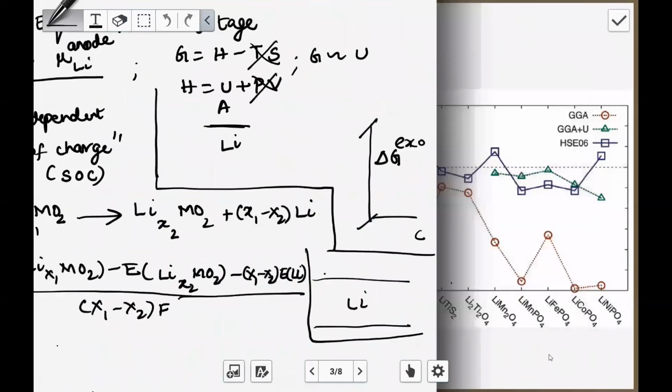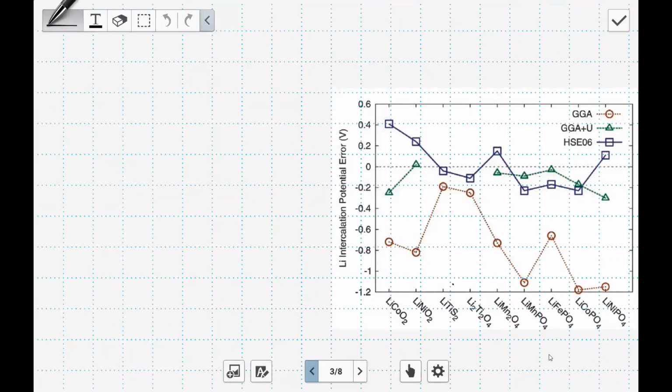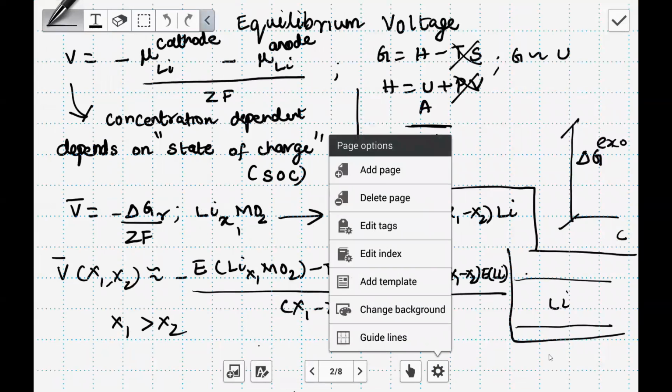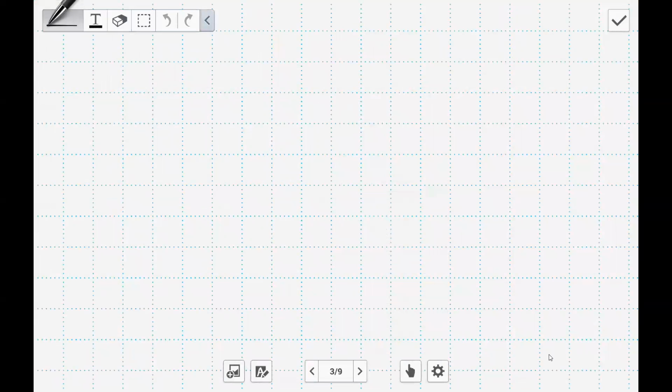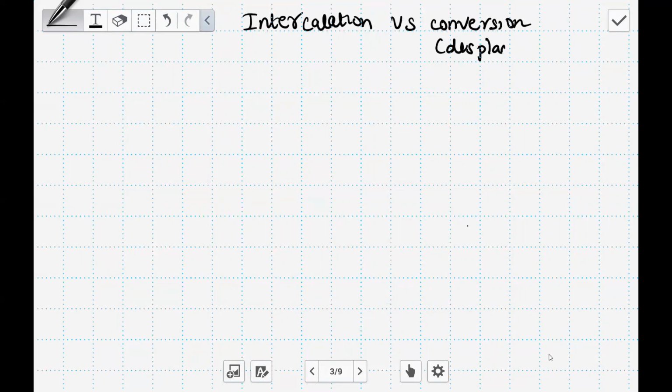So you will hear this term intercalation versus conversion or displacement electrodes.